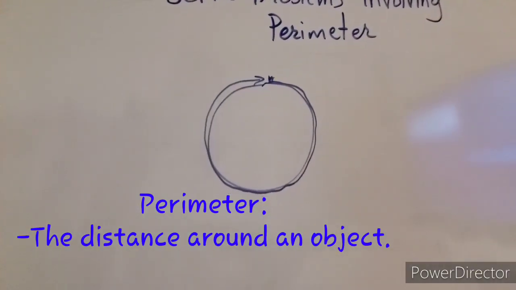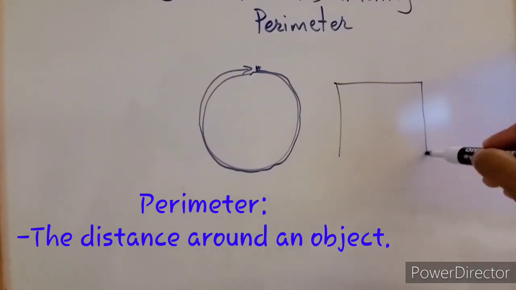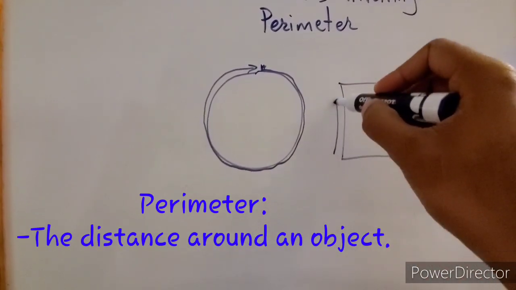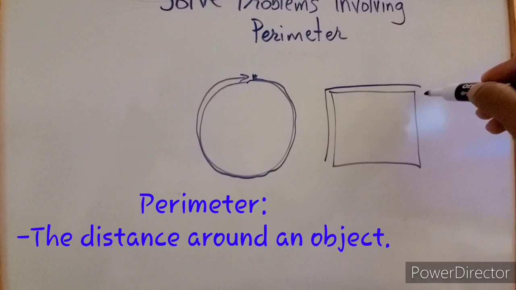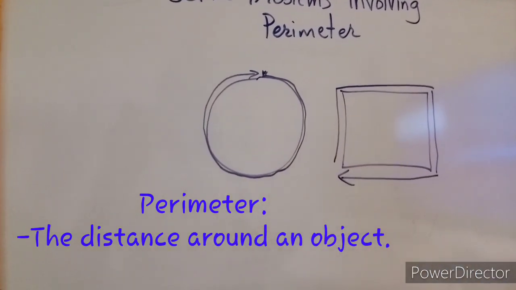You're connected. So that's the perimeter: the distance around the object, or the continuous line that forms the boundary around the object.